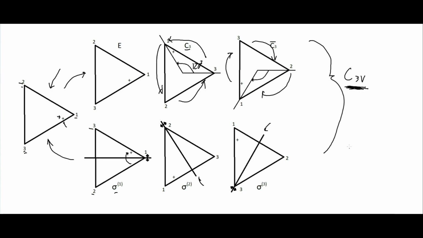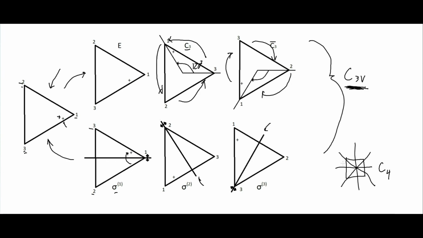So we can see that if we were using instead a square, this would actually be a C4 group, and so it would also have its own axes of reflection here, and so this would actually have a different symmetry group.